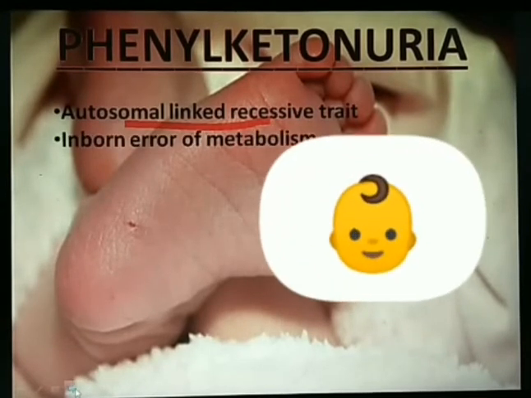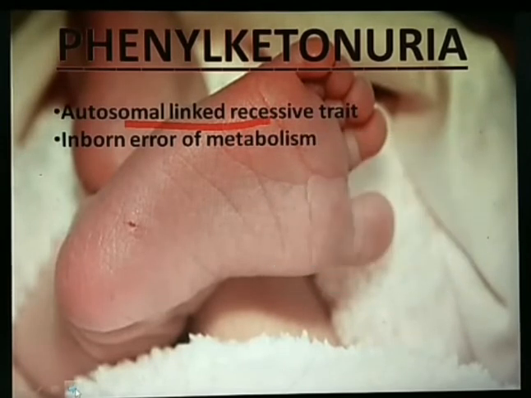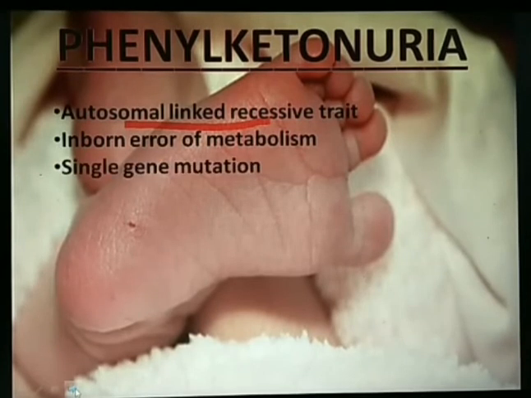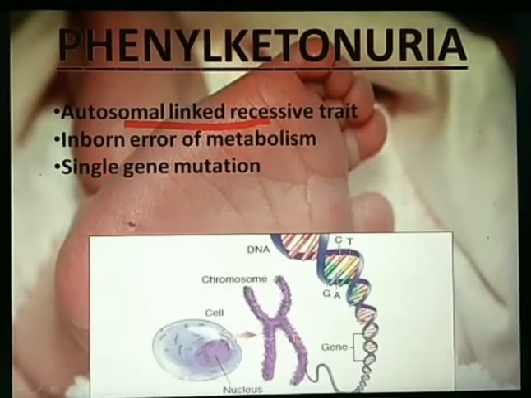It is an inborn error of metabolism. That means since birth, this disorder is seen. It is also called a single gene mutation. That means only a gene defect will lead to phenylketonuria, that is, alteration of one gene, which is located on chromosome number 12.